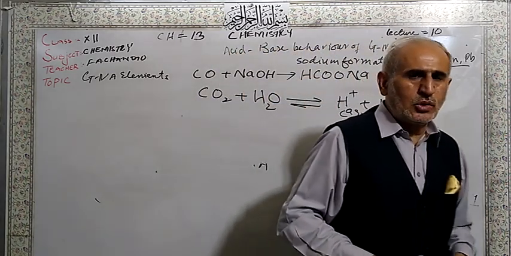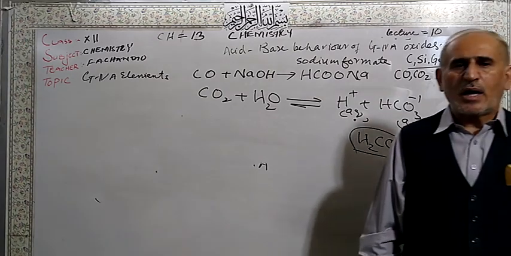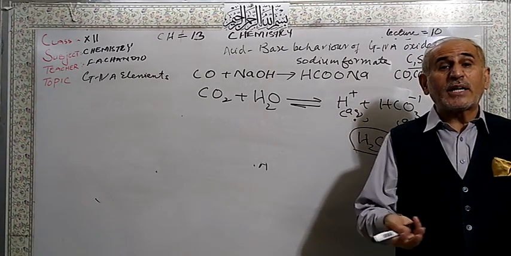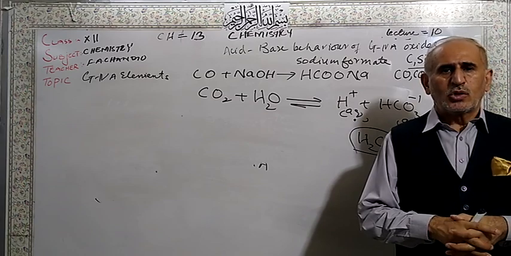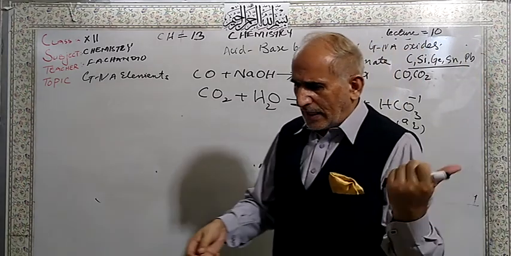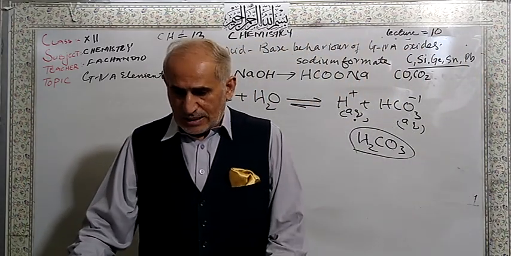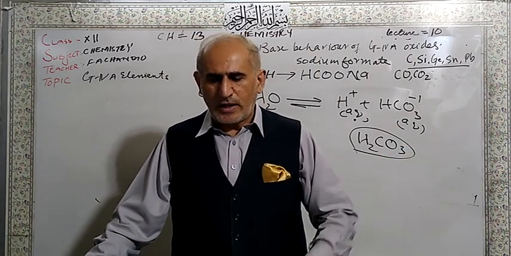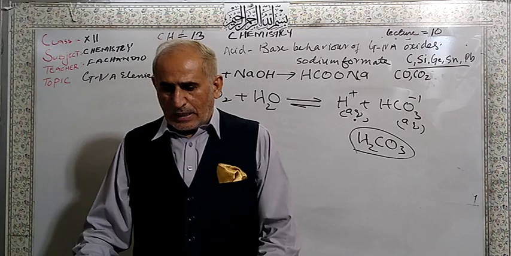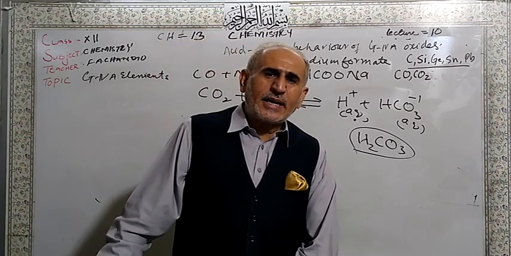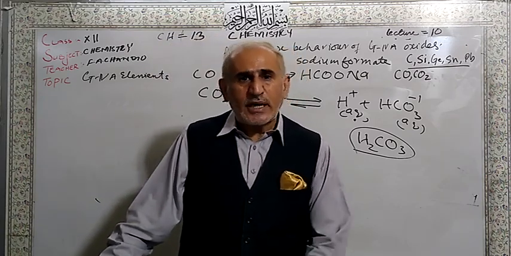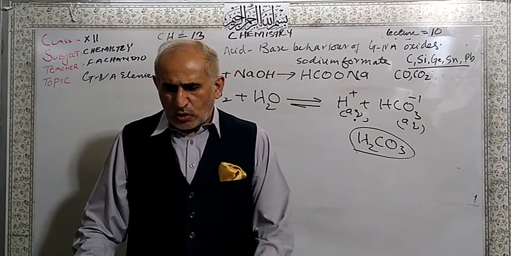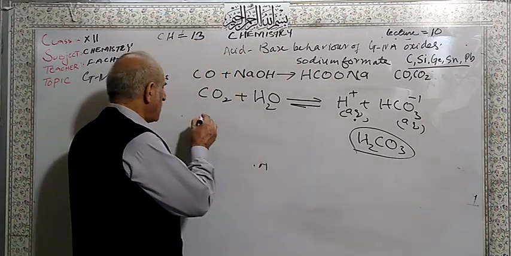In the previous lecture I told you why water becomes hard and why bicarbonates are formed. I explained this equation in the previous lectures. This is the chemical reaction when carbon dioxide gas dissolves in water. Because carbon dioxide gas is acidic in nature, it can also react with a base.